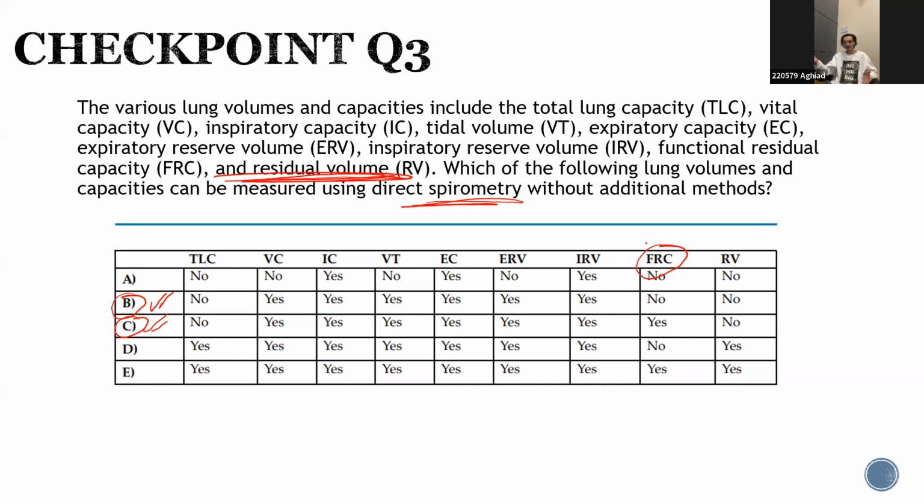It cannot measure the FRC. Exactly. So if RV isn't measured, and FRC isn't measured, then the total lung capacity cannot be measured as well. All you can see from the spirometer is the vital capacity, what you can reflect upon the spirogram. And so again, what's the answer?